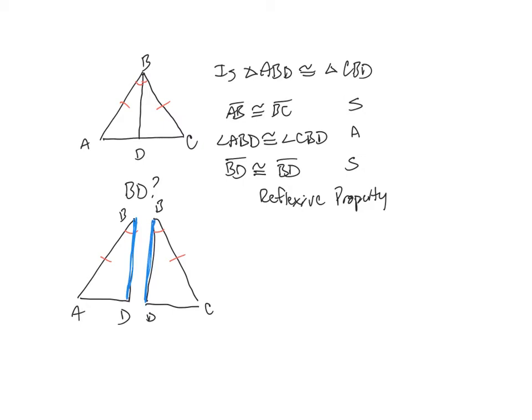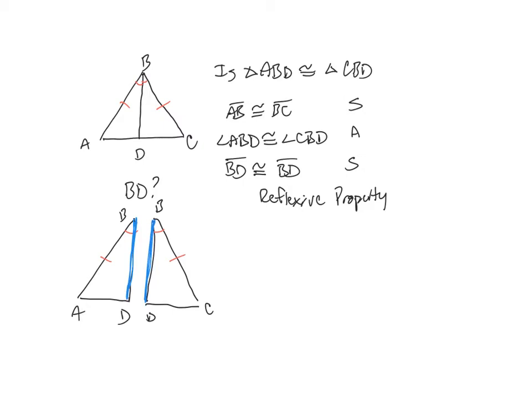Okay, so that reflexive property is going to come up quite a bit in this chapter, a lot of the times in this kind of picture where you have two triangles that are connected. On the section of problems, there are 6 of them that ask, is there enough information?